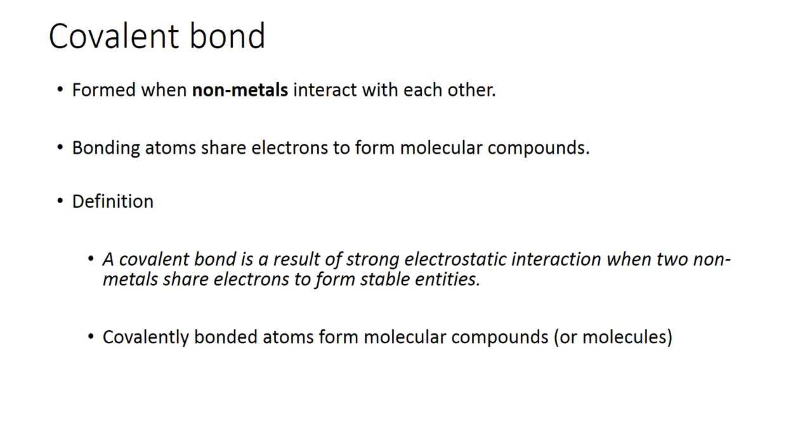The official definition: a covalent bond is a result of strong electrostatic interaction when two nonmetals share electrons to form stable entities. Covalently bonded atoms form molecular compounds. So when I say covalent compound, it is the same as a molecular compound.